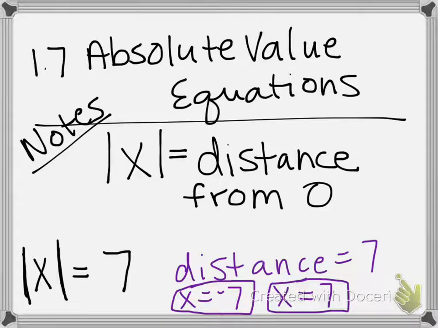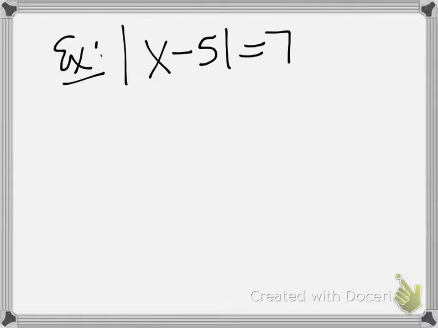Okay? Now the reason that's important is because when we solve absolute value equations, we're expecting to have the same amount of solutions as we had when we did absolute value of x equals 7. So this one is slightly different. We have the absolute value of x minus 5 equals 7. So we're saying this part right here, this distance, is 7.